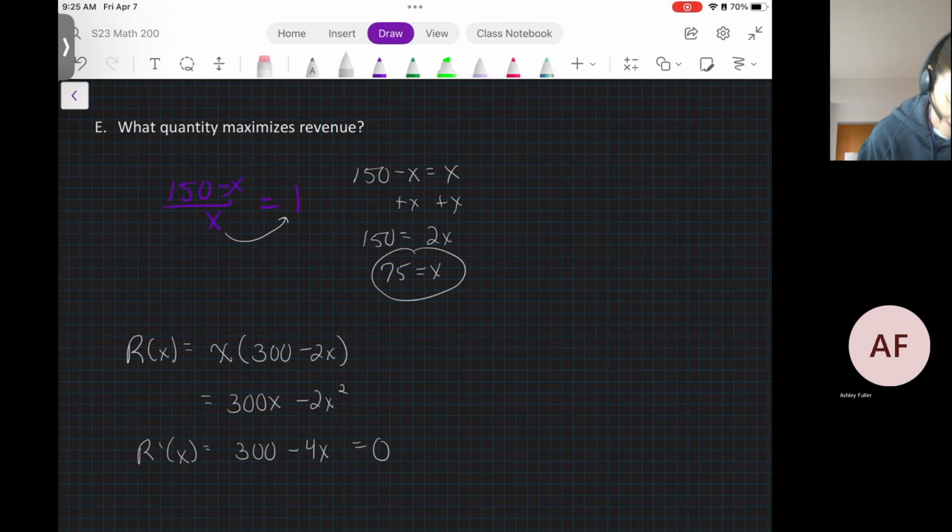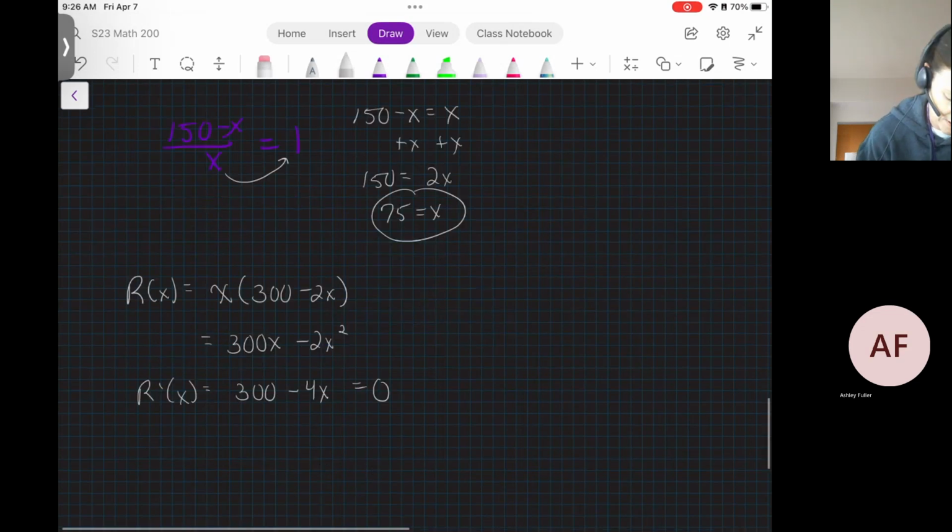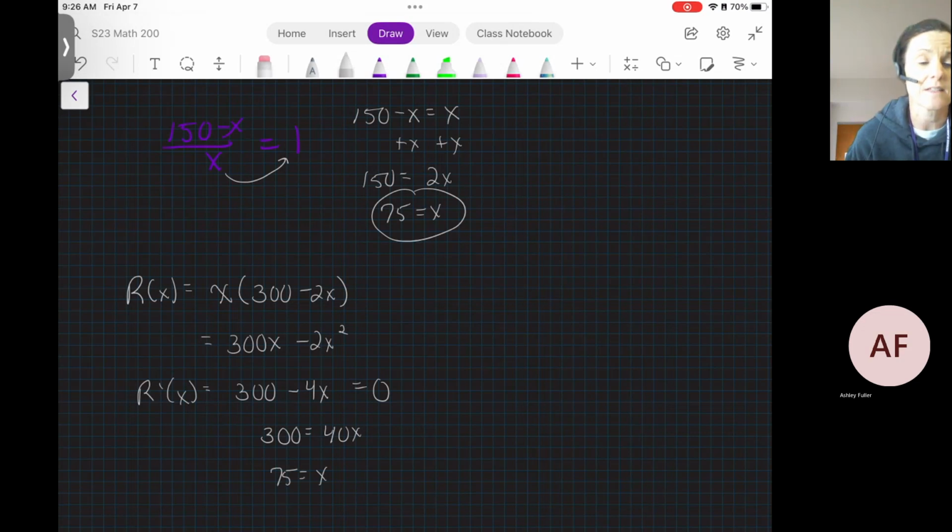I want to find where that maximum exists, so I set it equal to 0, or where my extrema exists. So I get 300 equals 4x, or x equals 75. Now, confirming this is not a minimum to show that it's a maximum, I can look at the second derivative, which if I take the second derivative of revenue, I get a -4. Since the second derivative is negative, that does tell me it's concave down, indicating this must be a maximum.